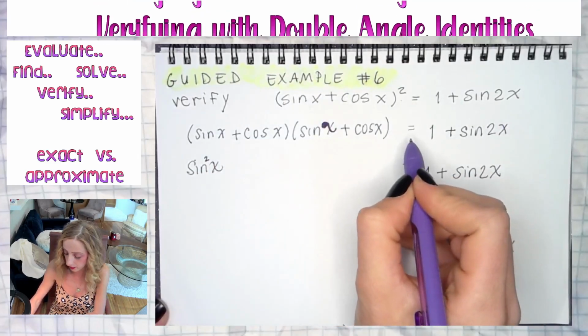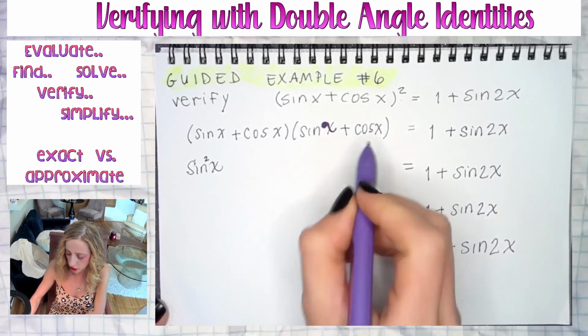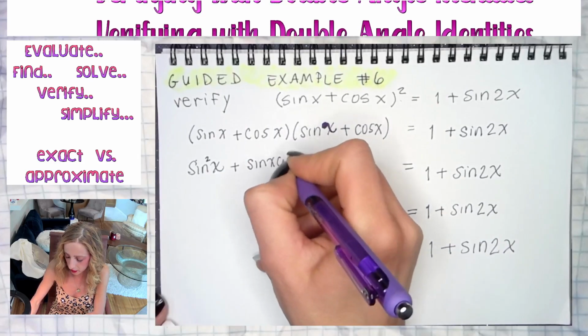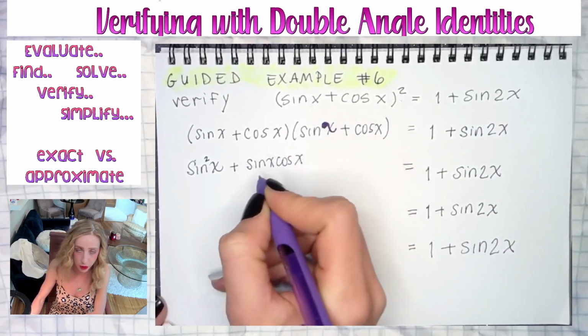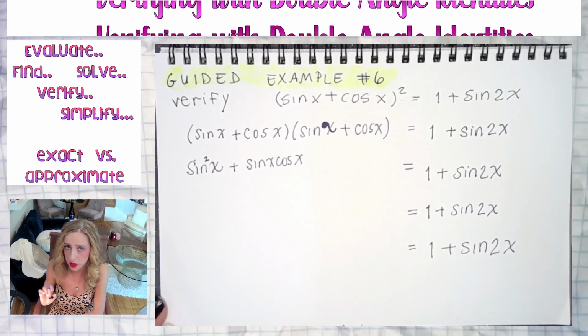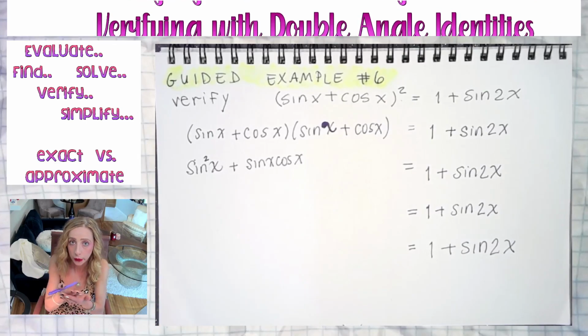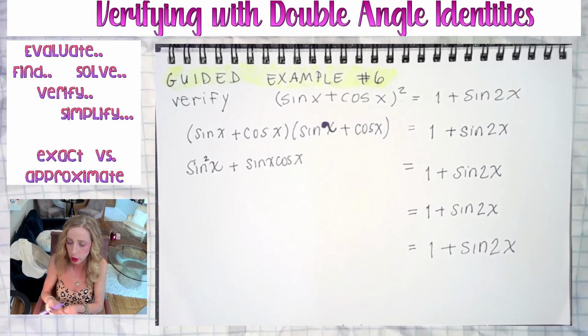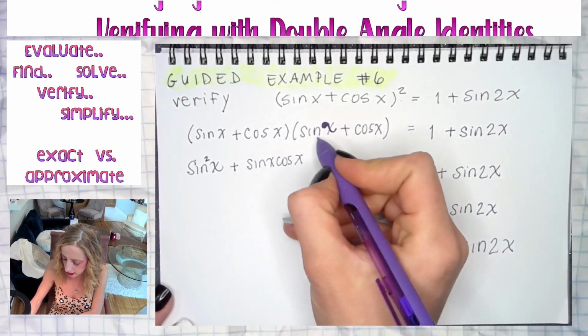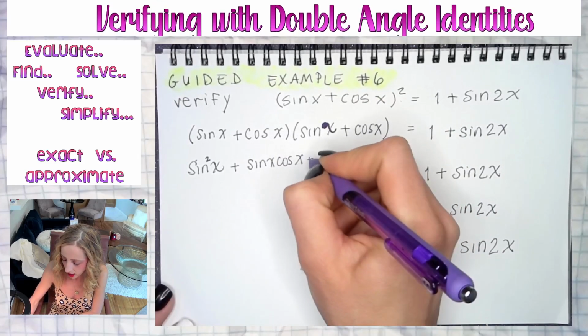Outer, okay, is sine x times cosine x. Now, I'm going to write sine x cosine x. I hope you know that x times y and y times x are the same thing. It's called the commutative property. Cosine x, sine x, multiplying that.